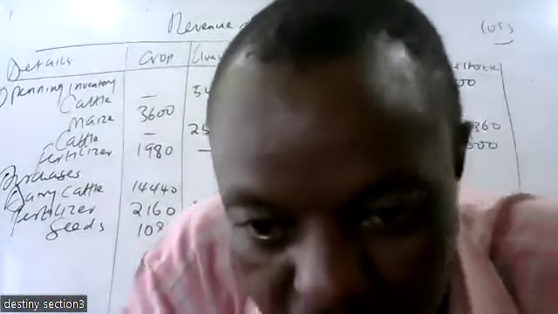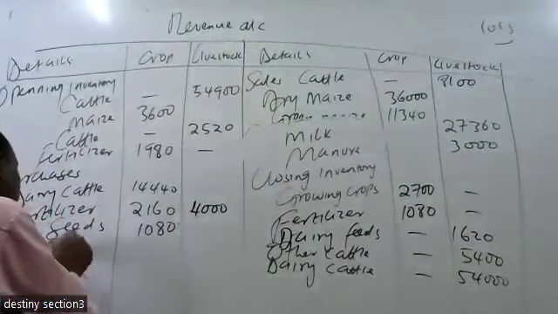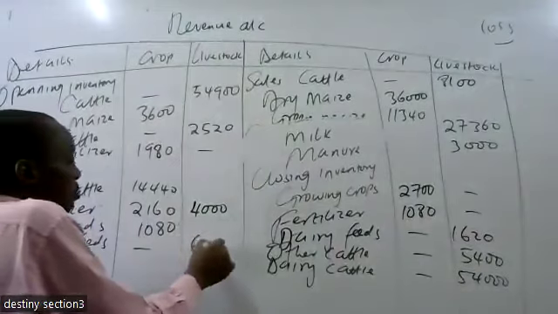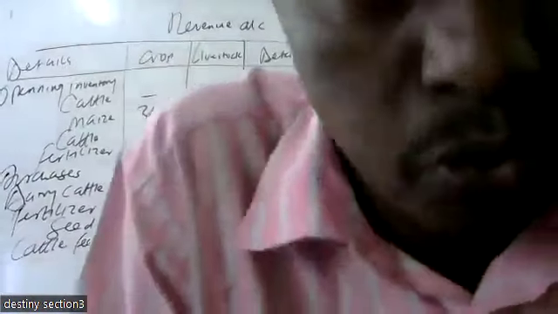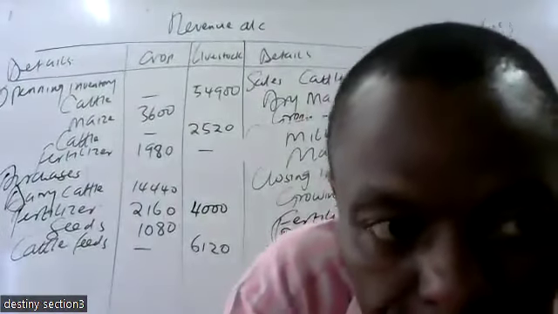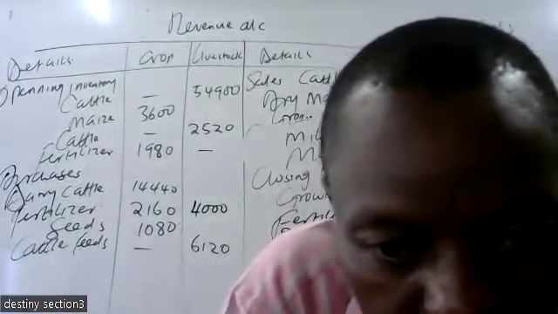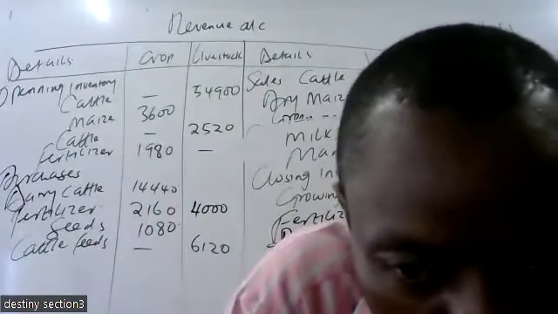Tetra feeds 6120. Thank you. It goes to livestock. 6120 goes to livestock. I think we are done with the purchases.